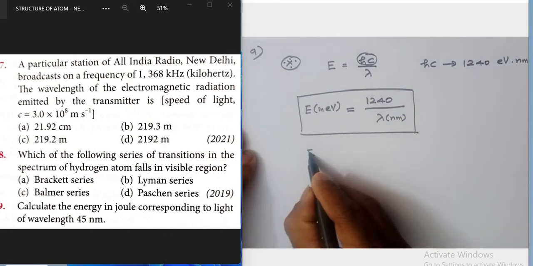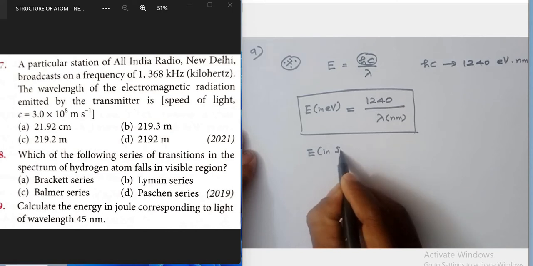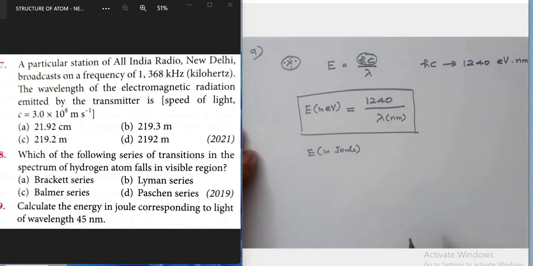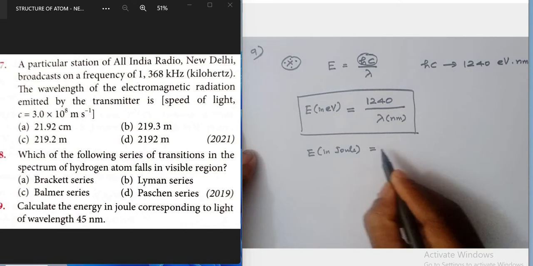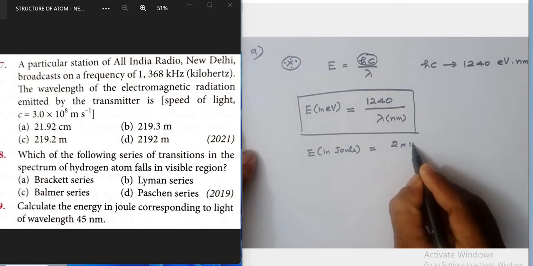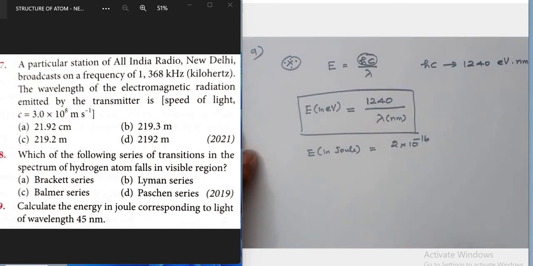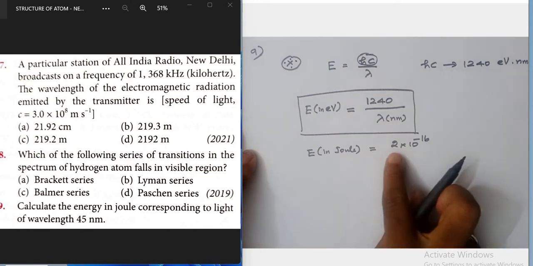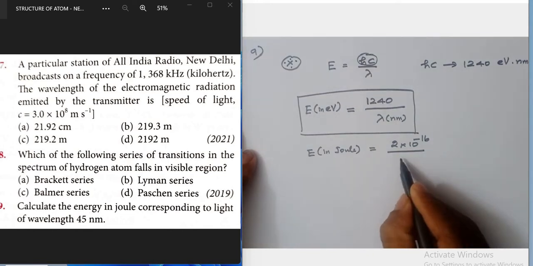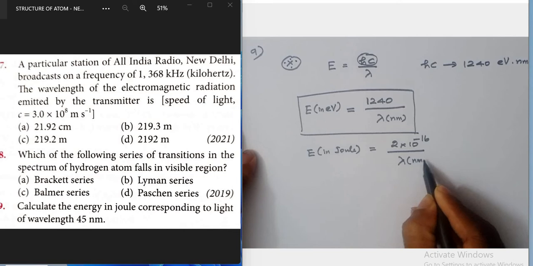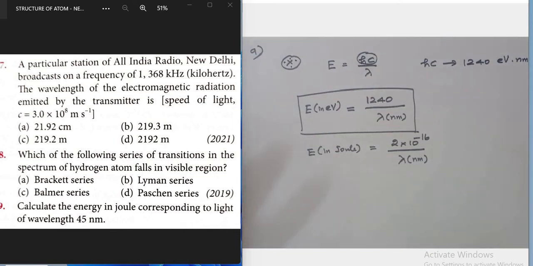Similarly, if you want energy in joule, it's very simple. 2 into 10 power minus 16. Students observe carefully. 2 into 10 power minus 16 divided by lambda in nanometer. Very simple relation. 2 into 10 power minus 16 divided by wavelength in nanometer.